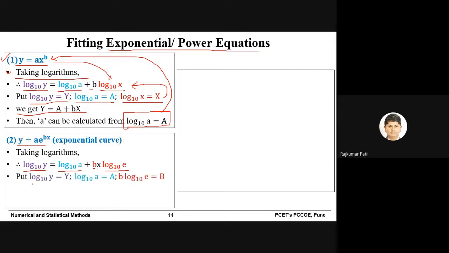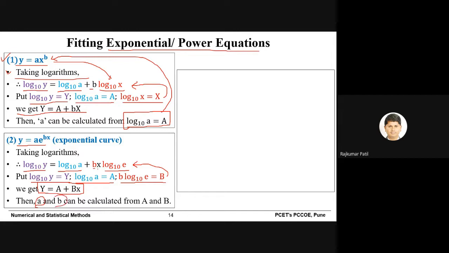Now we will put log to the base 10 y equal to capital Y, log to the base 10 a equal to capital A, and b log to the base 10 e equal to capital B in this equation. When you put all these things in the equation, again you will get a linearized equation, Y is equal to A plus BX. Furthermore, the values of a as well as b can be calculated from capital A and capital B. We have already prepared the equations, so you can see here.